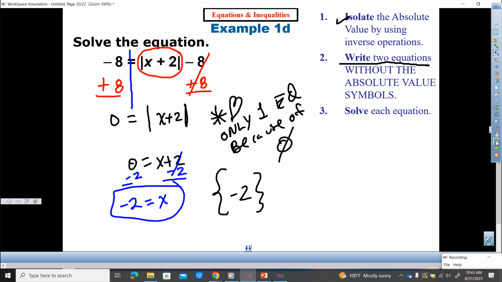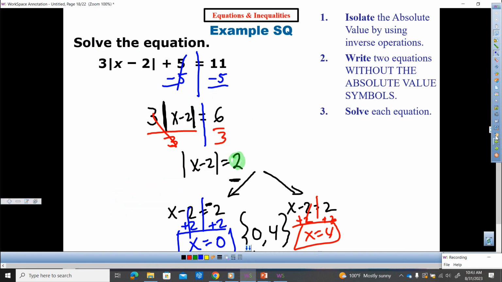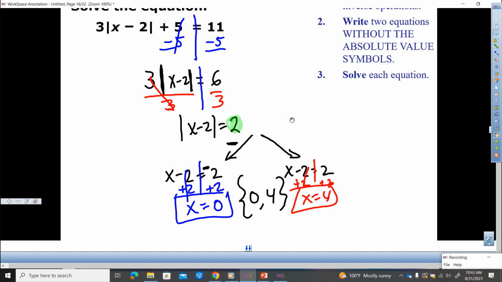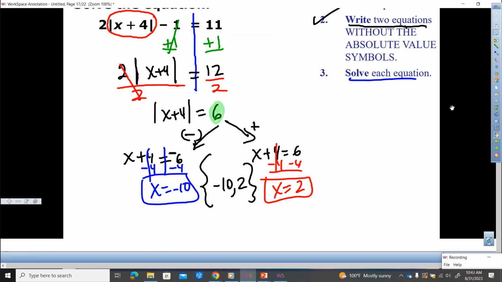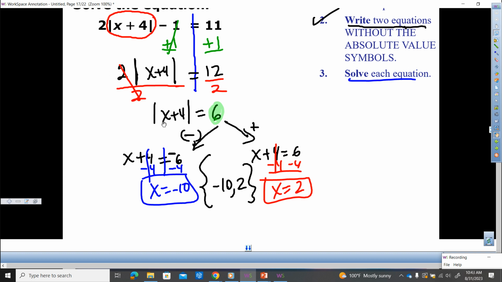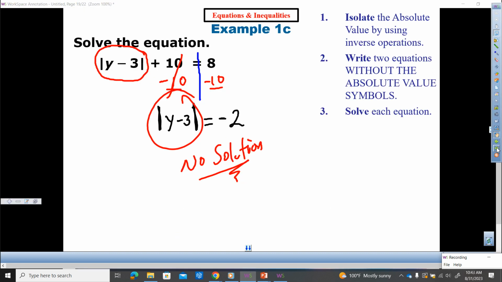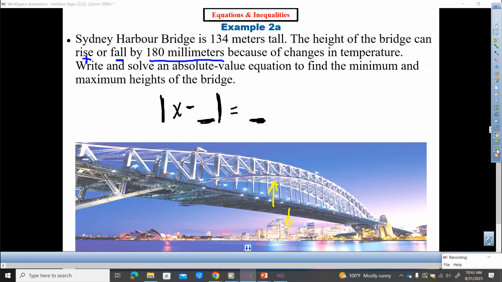So now let me go back to the examples that we did earlier. Look up. Look at this one. Which number became positive and negative? The 6, is that correct? Negative and positive. Okay, so with that said, what number goes here?